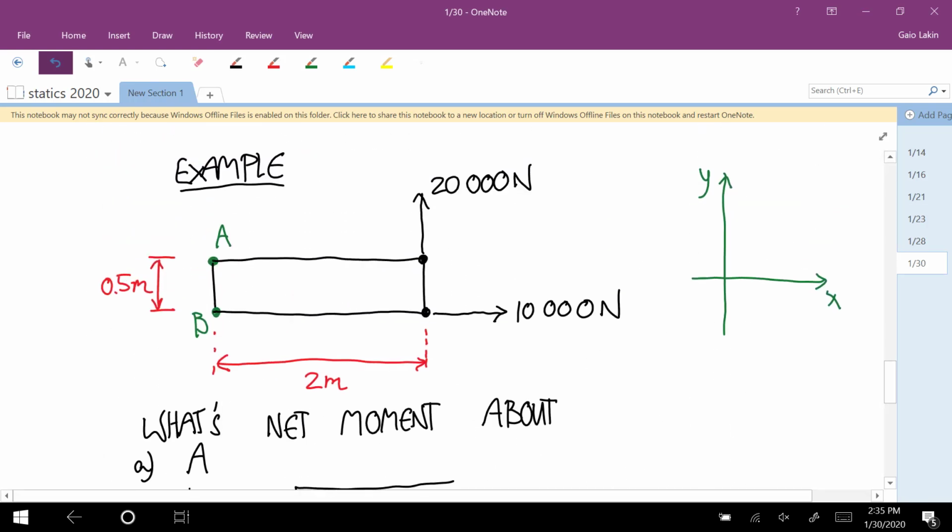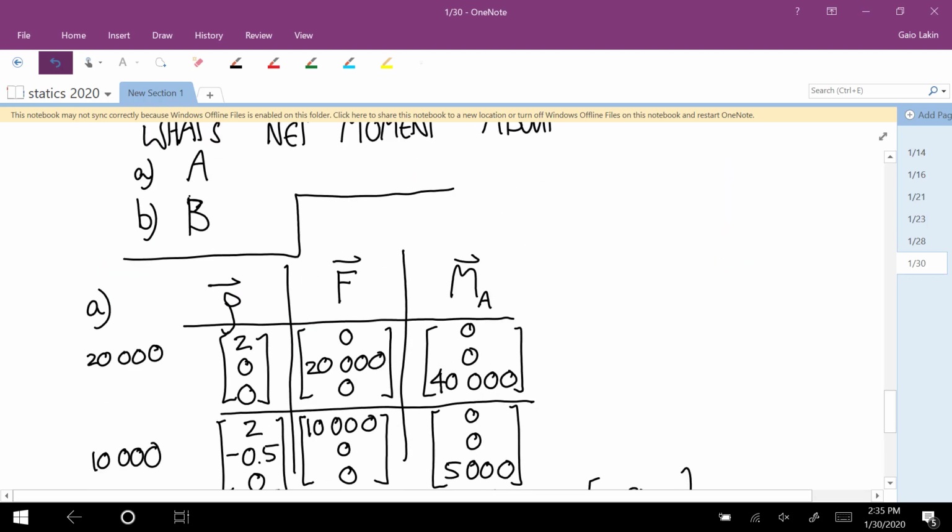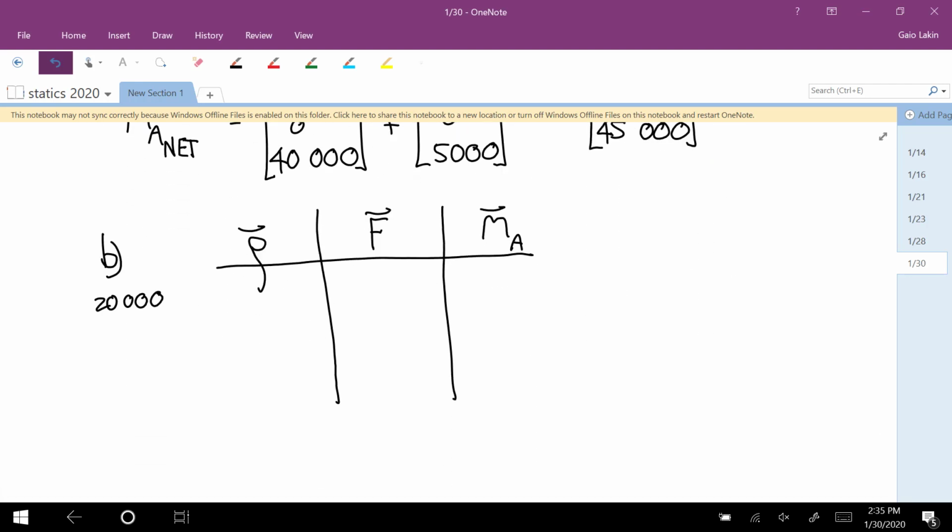Okay, so this time our about point is B. So a row vector starts at B and goes to where the force is applied. So that's a positive 2 for X, and then a positive 0.5 for Y. So 2, 0.5, 0.